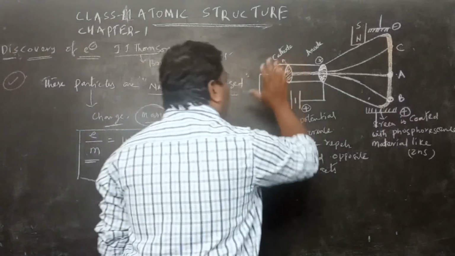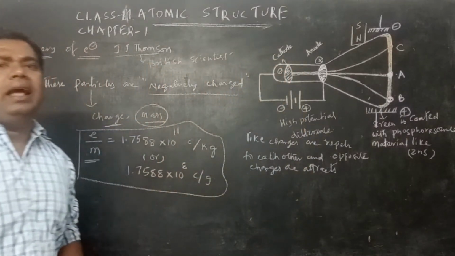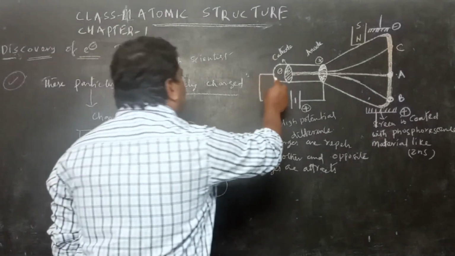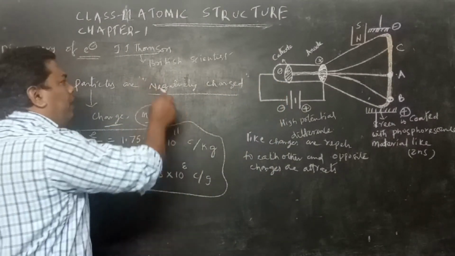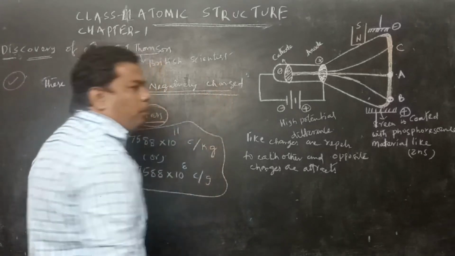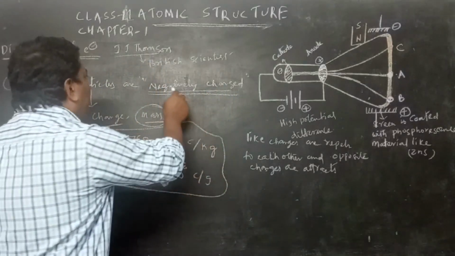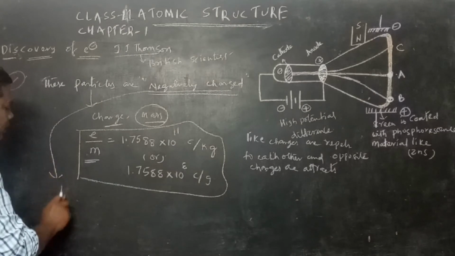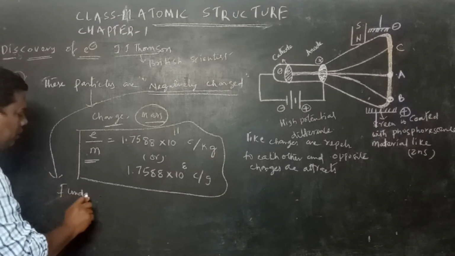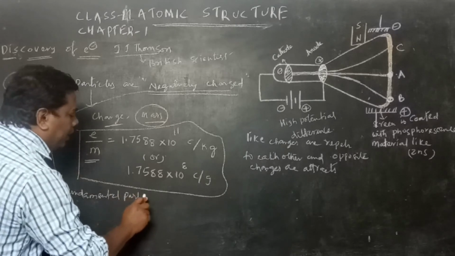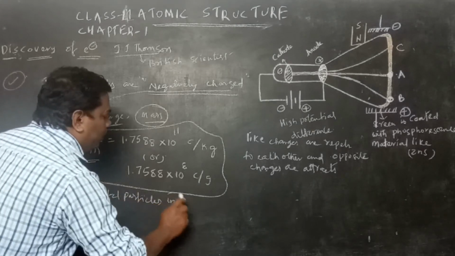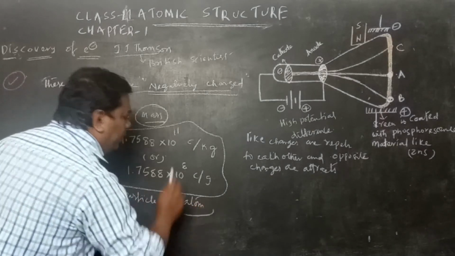So he concluded that every metal has this particular e/m value. Every metal has negatively charged particles, and these negatively charged particles are the fundamental particles in an atom.